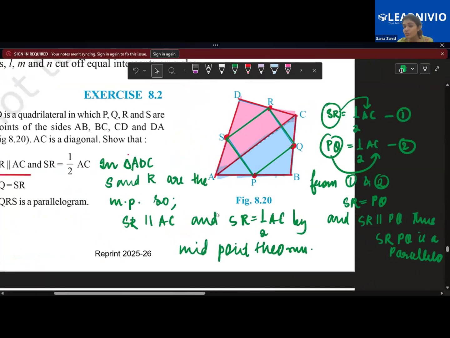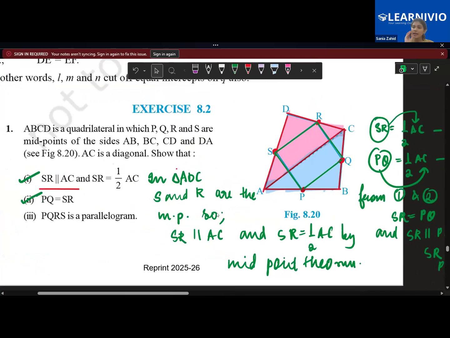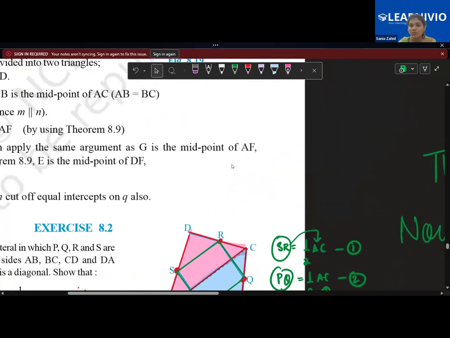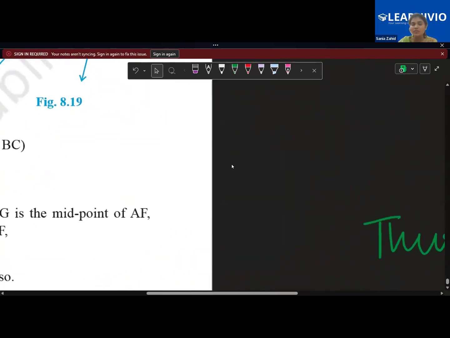So a very important lesson from this question is that if you have any quadrilateral, not just this quadrilateral, any quadrilateral, and you join the midpoints of all the sides, what do you get? You get a parallelogram. For example, let's suppose I have this random quadrilateral.